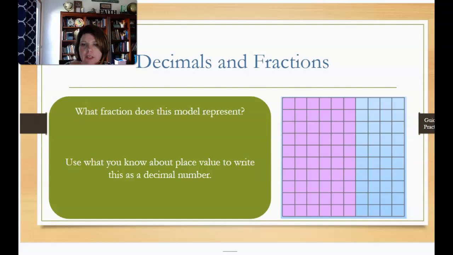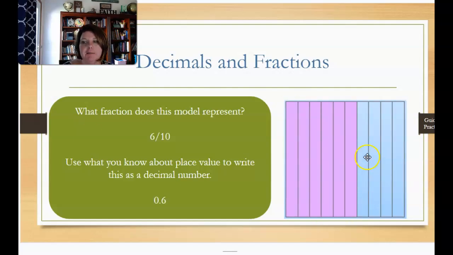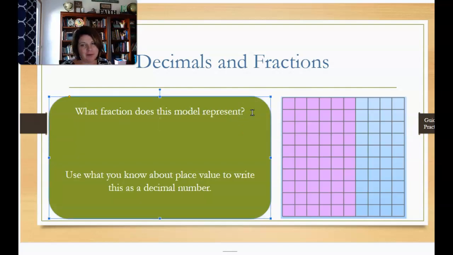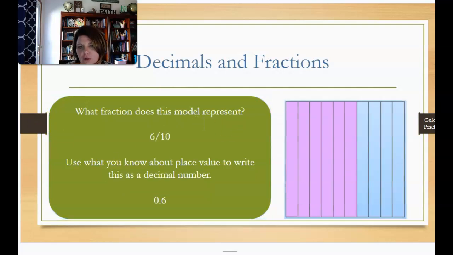We just took a look at how this picture represents 6 tenths. Well, what about this picture? Does it look a little the same? Could we say 60 hundredths, but also does it still equal the exact same as 6 tenths as it did on the page before?